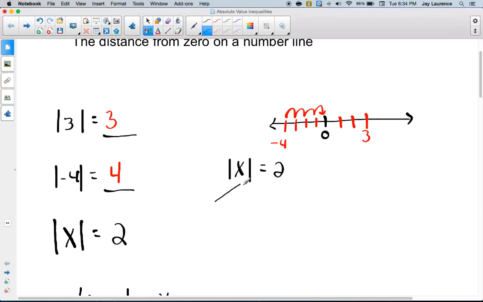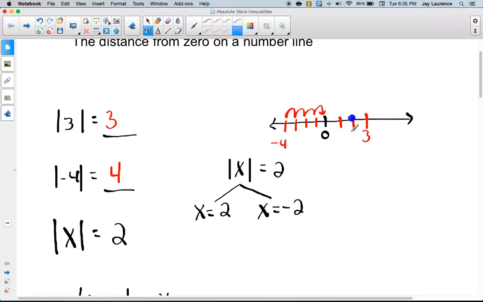So we're going to consider all the possible values where x is 2 units away from 0 on a number line. But then we're going to have to consider the ones that are 2 in the negative direction from 0 on a number line. I mean, if you think about it, 2 is here, right?